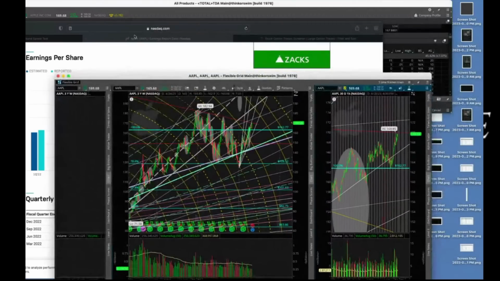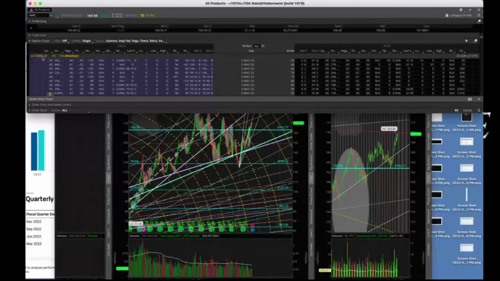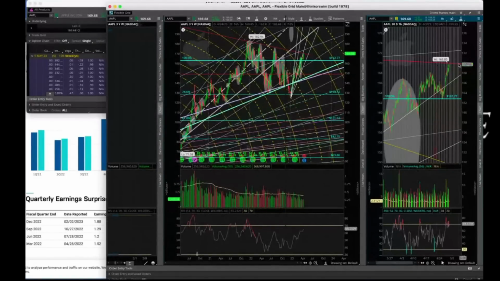If you want to see the expected move on Apple, it's showing 7 points, which I already went over. 7 points on Apple to the downside brings you right back to this area, right?